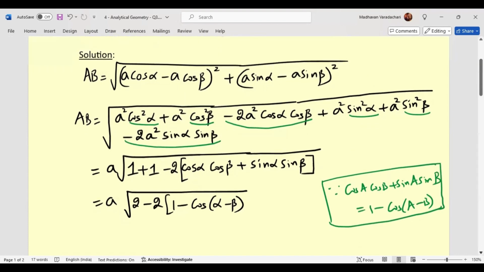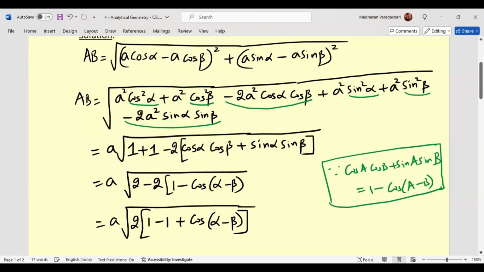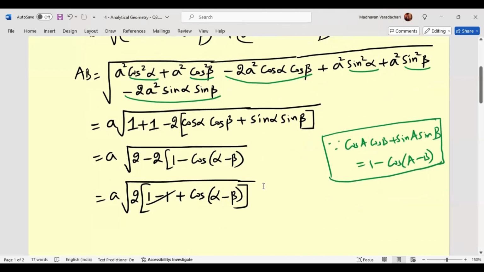Now we will take 2 outside the square root, or we can retain 2 only inside the square root. 2 times we can write 1 minus 1 plus cos alpha minus beta. So this and this gets cancelled. We have 2 times cos alpha minus beta.